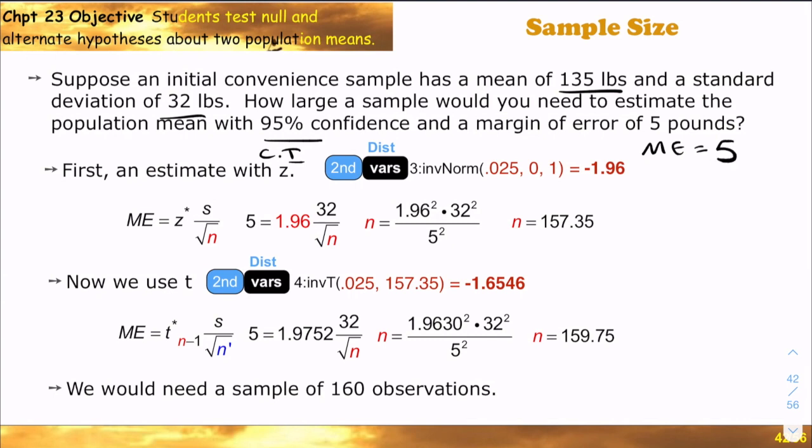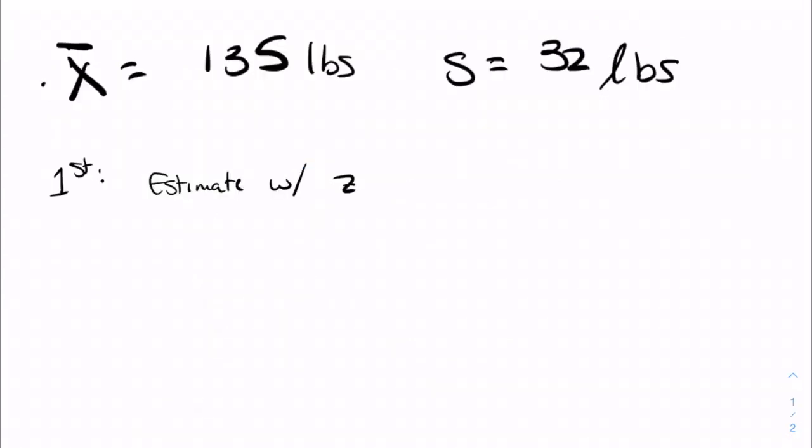I'm going to go through this as a separate calculation, and then we'll come back and go over the notes. So with the problem we were given, the sample average was 135 pounds, and the standard deviation was 32 pounds. We're going to find the 95% confidence interval with a margin of error equal to 5 pounds.